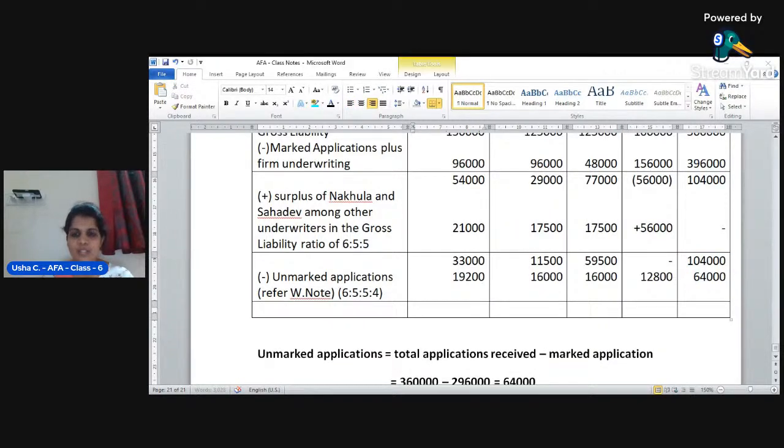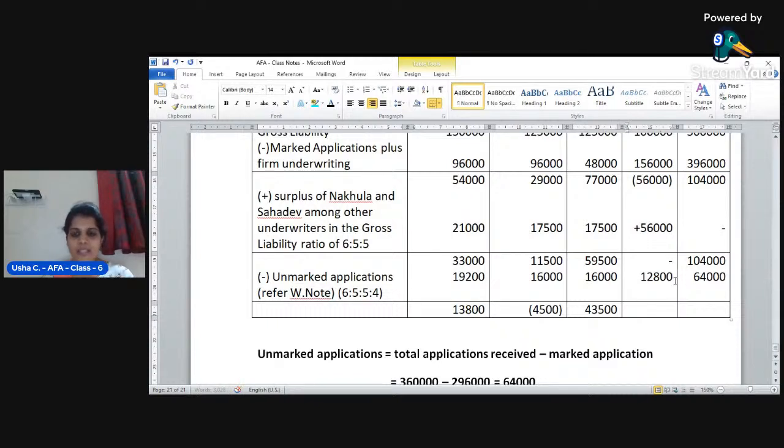33,000 minus 19,200 is 13,800. Then 11,500 minus 16,000 is minus 4,500. Then 59,500 minus 16,000 is 43,500.